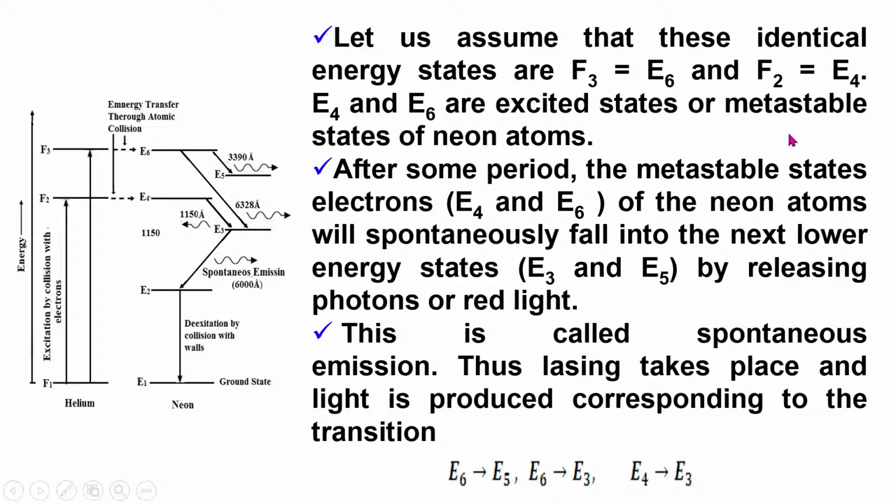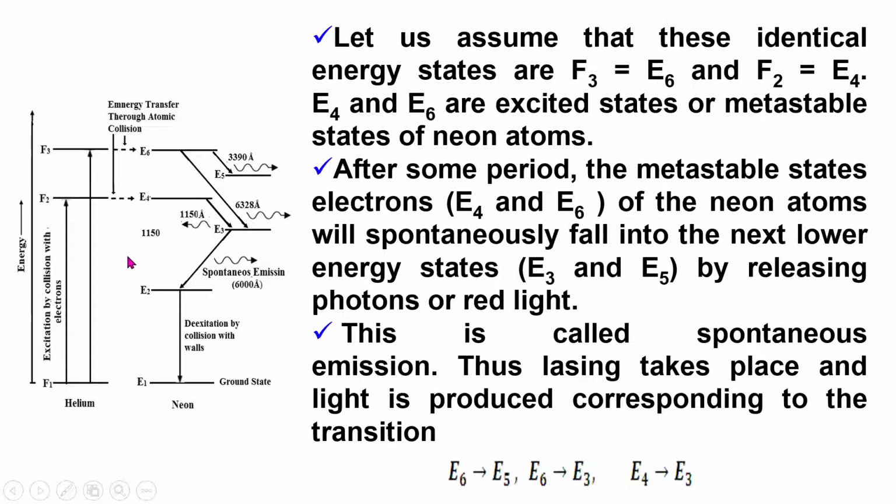Let us assume that the identical energy states of helium and neon are F3 and E6. These two energy states are identical. Similarly, F2 and E4 are also identical states.